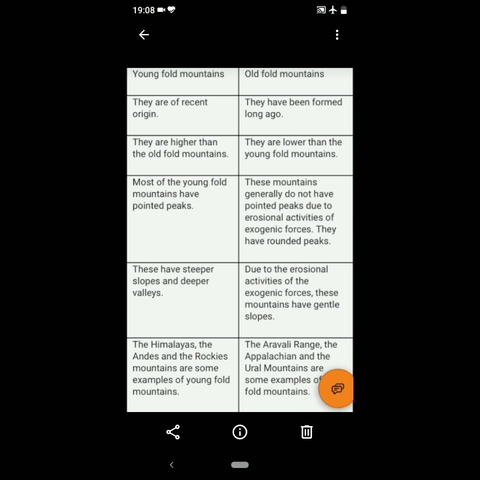Next point. Youngfold mountains have a steeper slope and deeper valleys, while the oldfold mountains are highly prone to erosion caused by running water and wind.